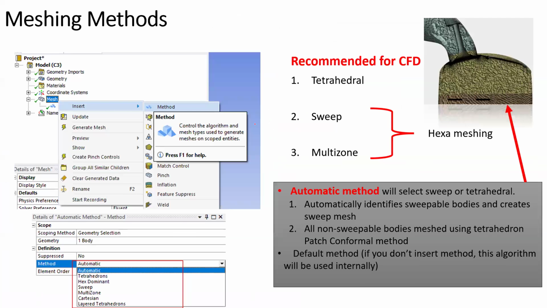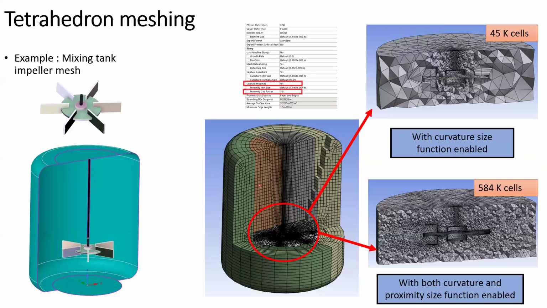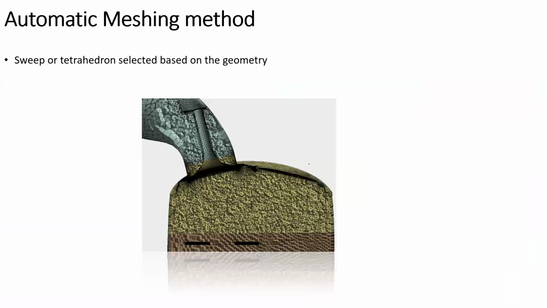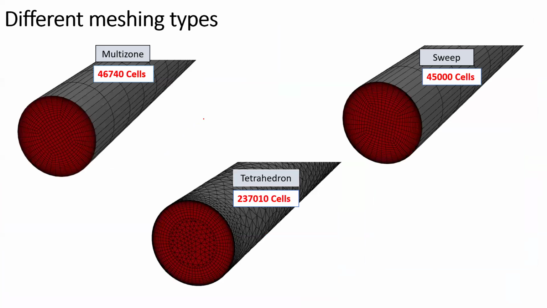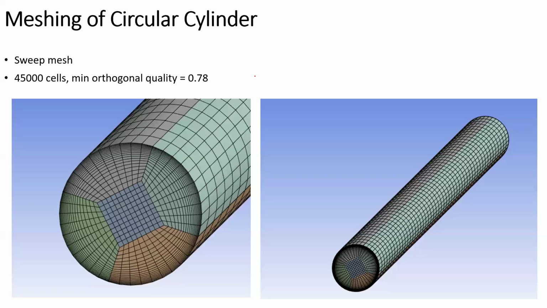And then I discussed some cases which I have solved myself. And I discussed what will happen with the different meshing methods and where they should be used. So you can see that finally I come up with a meshing of our circular cylinder. And here you can see this is a Hexa meshing, and it was done using the sweep method.